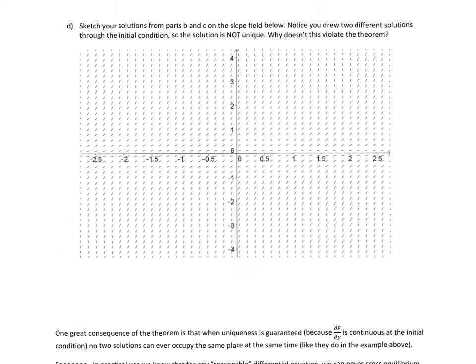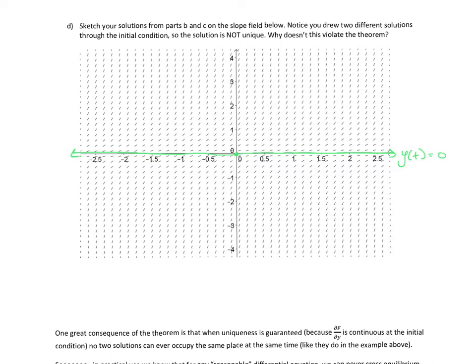Now we're going to sketch our solutions from part B on the slope field. My equilibrium solution is y(t) equals 0.